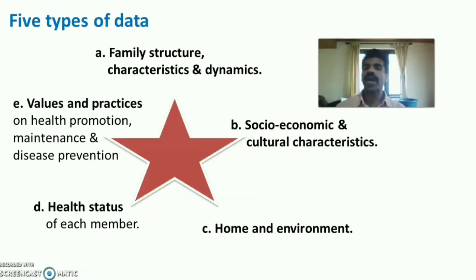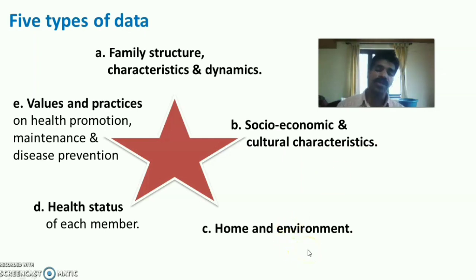The 5 types of data include, first, family structure, characteristics of the family and dynamics of the family, changing concepts. Second, socio-economic and cultural characteristics of the family.